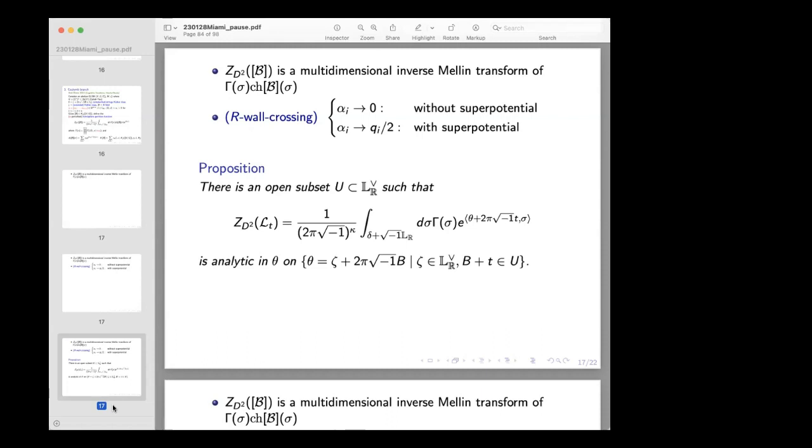There's no restriction on the real part. For the imaginary part, there's an open subset depending on T and the B field.